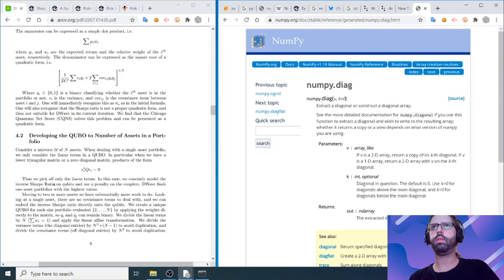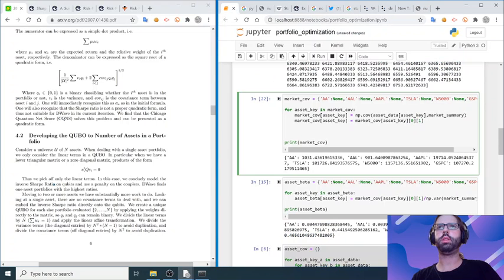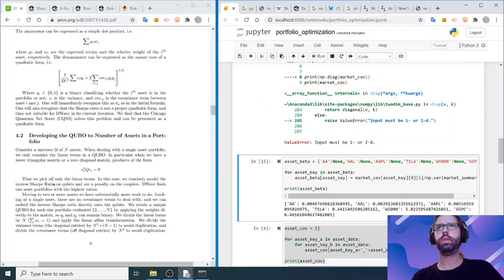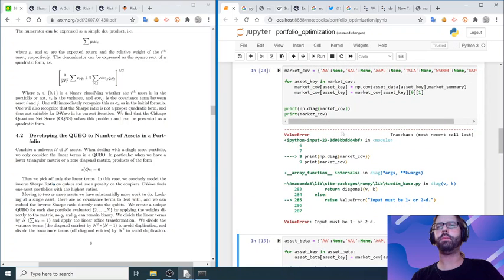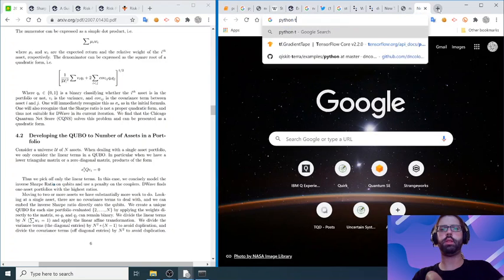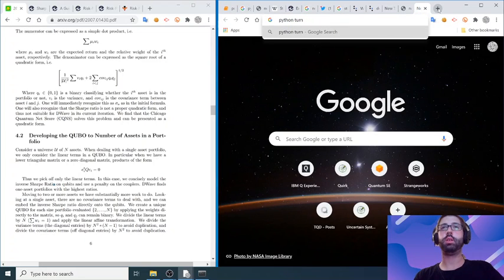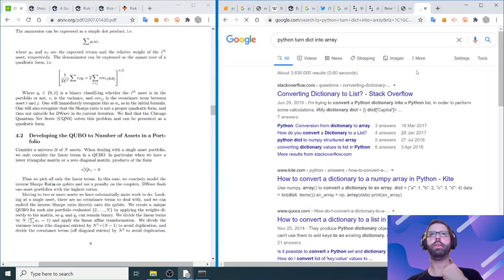Is this the way it's supposed to work? Diag and then the array. NP diag, then the actual market covariances. Oh, sorry, it's a Python dict, turn dict into array. Can I just query the values?